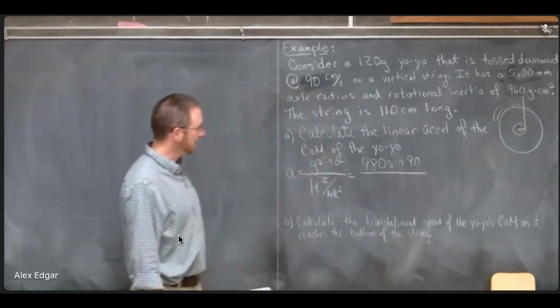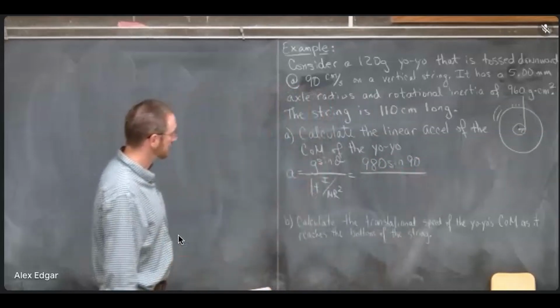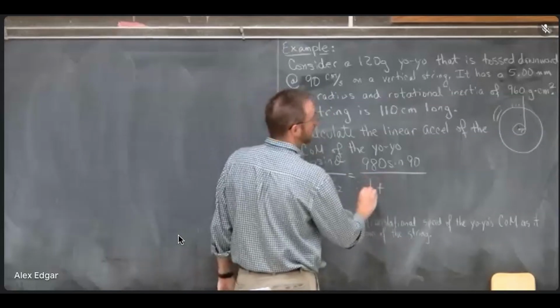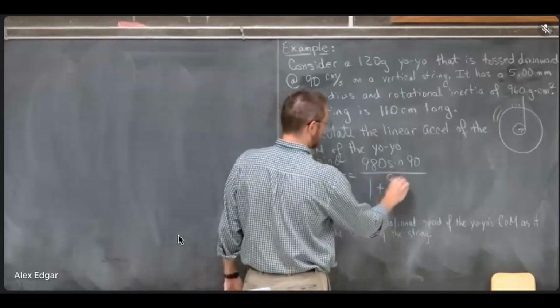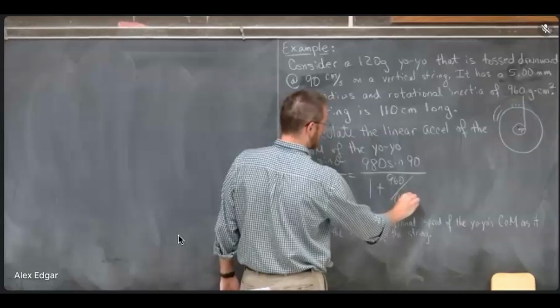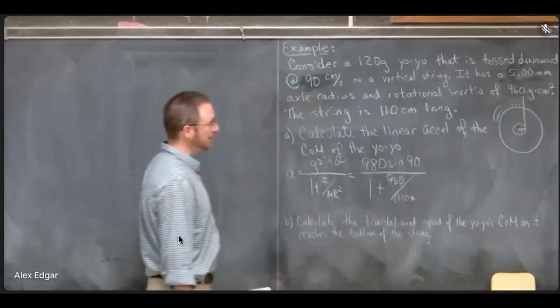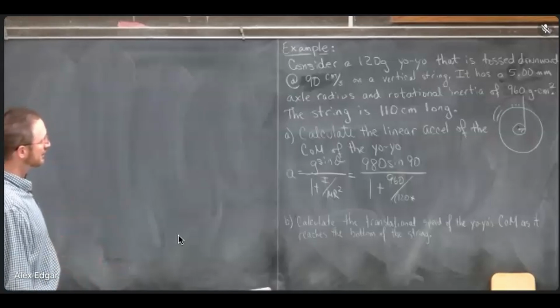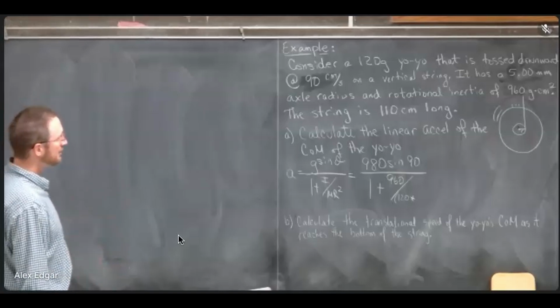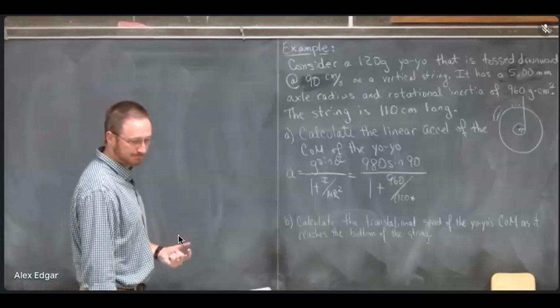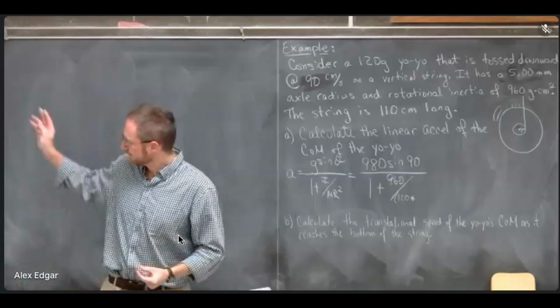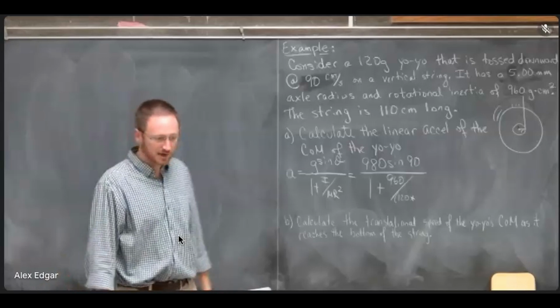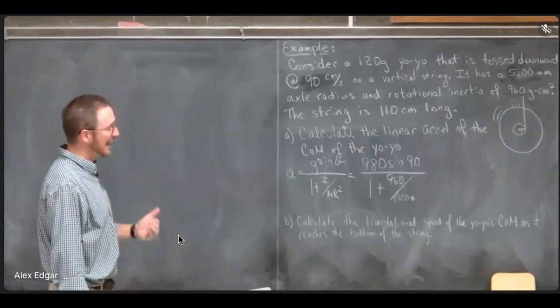The sine of the angle is sine of 90 degrees. 1 plus 960 divided by 120 times r squared. Now that r there is not going to be the radius of the thing as a whole. It's going to be the radius around which it's spinning. If you remember back far enough, that r is the radius at which the frictional force acts.